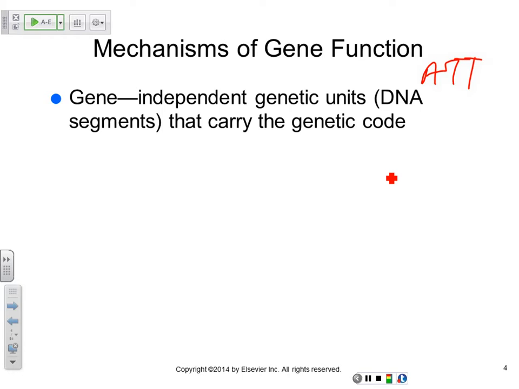Because how does a protein fold up into its tertiary structure? Well, it's those interactions, hydrogen bonds, but it's the R groups. The R groups on an amino acid determine how the protein will fold up on itself.